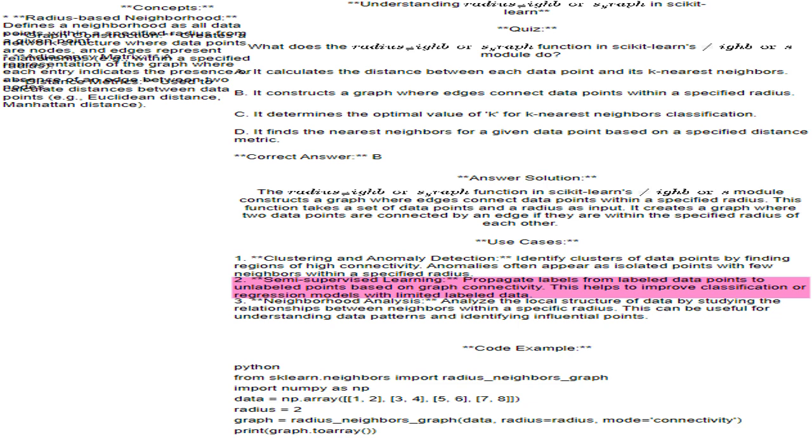By analyzing the graph structure, we can identify influential individuals or discover patterns in social interactions. 3. Neighborhood analysis. Analyze the local structure of data by studying the relationships between neighbors within a specific radius. This can be useful for understanding data patterns and identifying influential points.